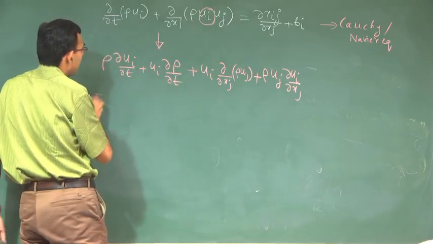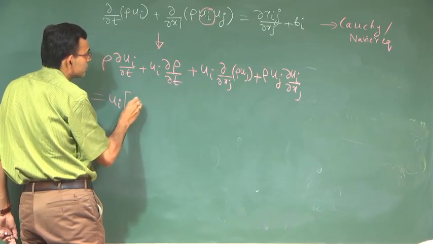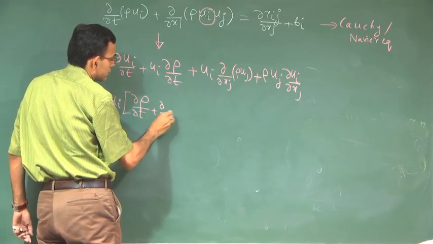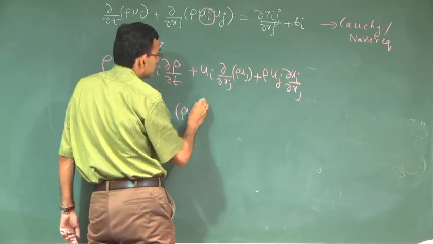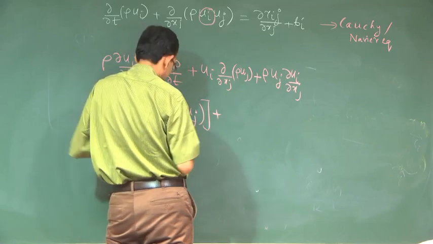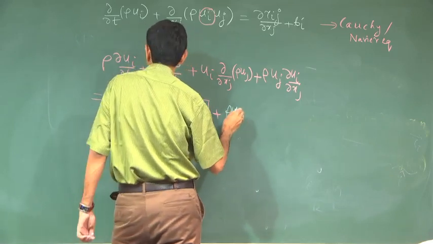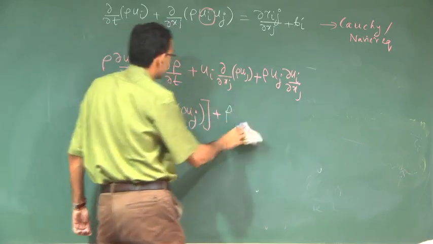So, you can take ui as common, plus rho uj, plus rho as common.